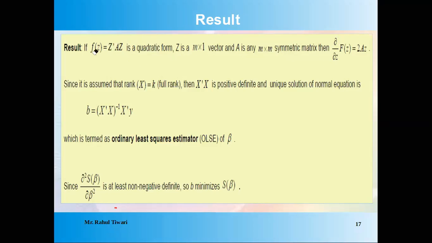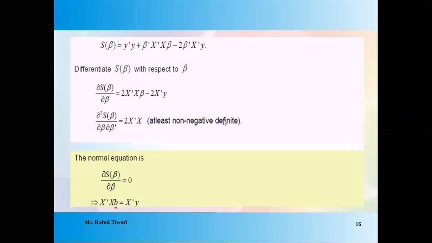Then if I differentiate this quantity by z, it will come up with 2 times az. जैसे हमने ऊपर देखा, इस केस में हमने देखा ना क्वाड्रेटिक फॉर्म है करके, या फिर कोई भी केस ले लो, बीटा डैश ए बीटा, इसको डिफरेंशिएट करोगे तो ये कैसे मिलता है, तो वो रिजल्ट वो बता रहा है, मीन्स ये जो फॉर्म है देयर हैज टू बी सम क्वाड्रेटिक फॉर्म, देन ओनली you can use that result, otherwise you cannot use the result.